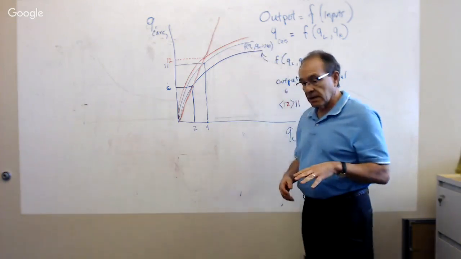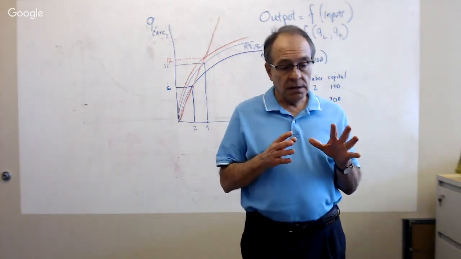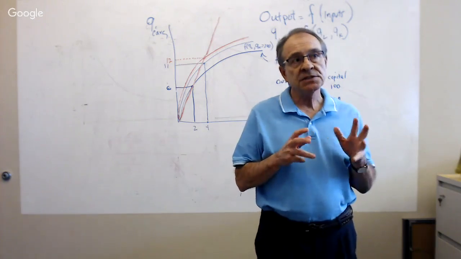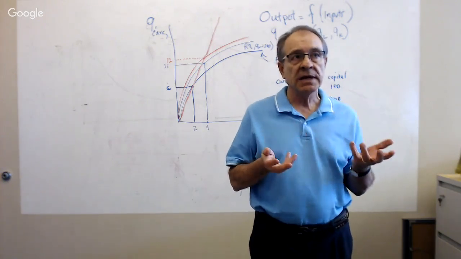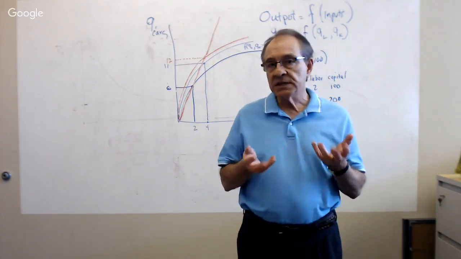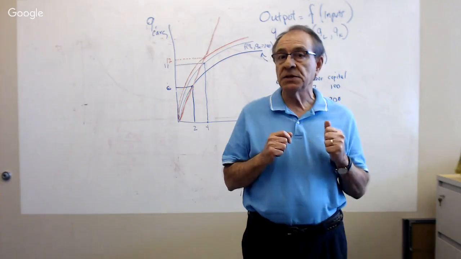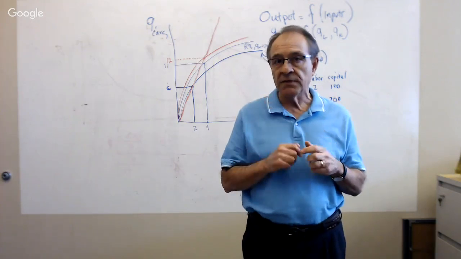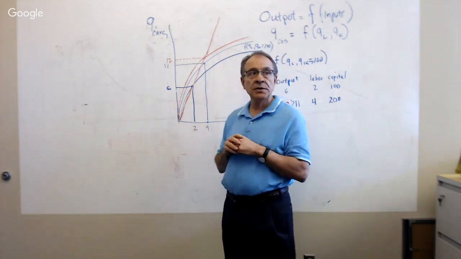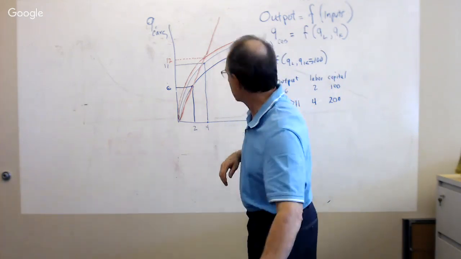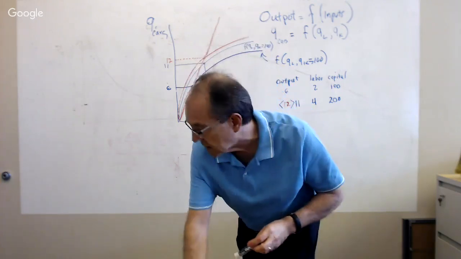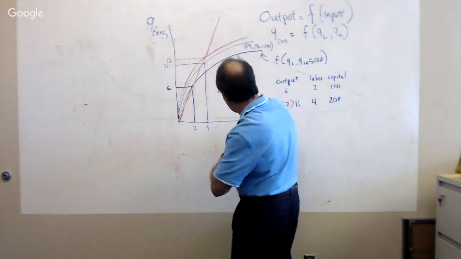It answers the question of what is the additional production you get as a result of increasing only one of the factors by 1 unit. Let me move over here to the right so I don't clutter things.